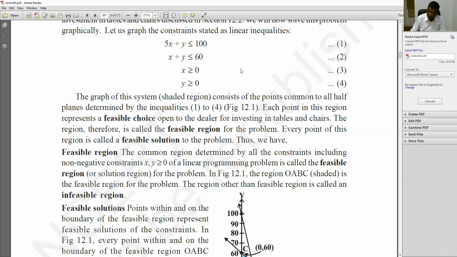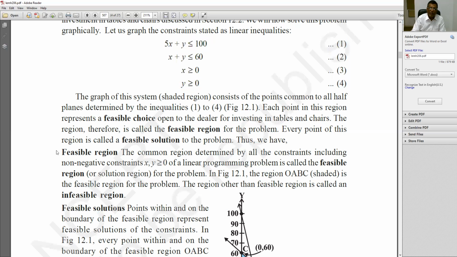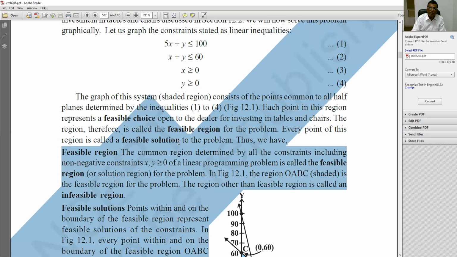Please write first this term, feasible choice. Then write the term feasible region in your exercise sheet. Then write feasible solution.